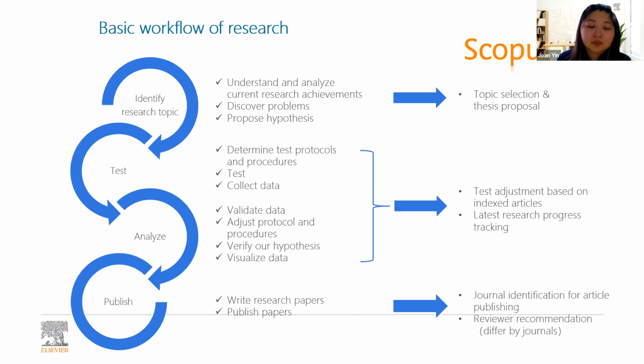After you collect and validate all the information, you finally generate a draft article and would like to publish it in a journal. In this stage, Scopus can help researchers find and identify the journal for article publication and find a reviewer.